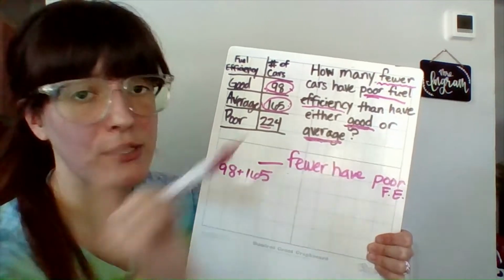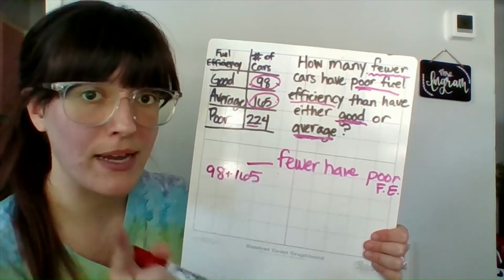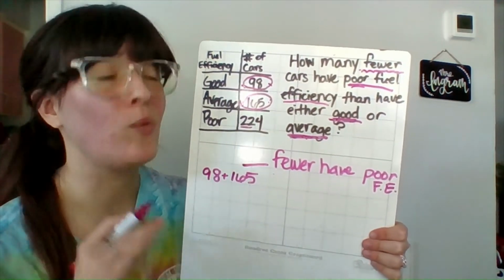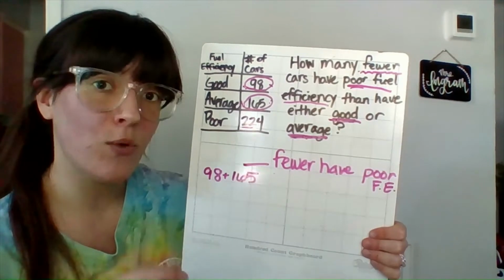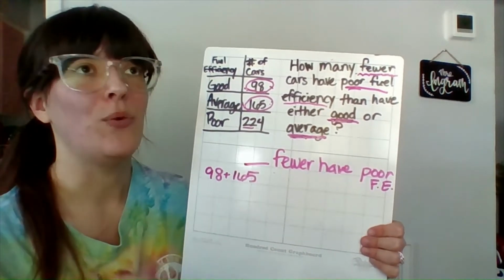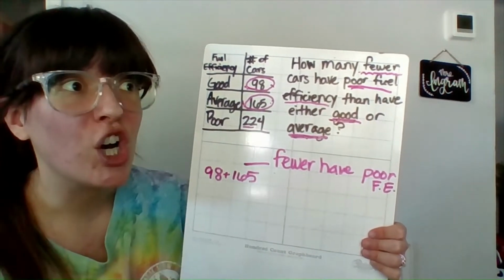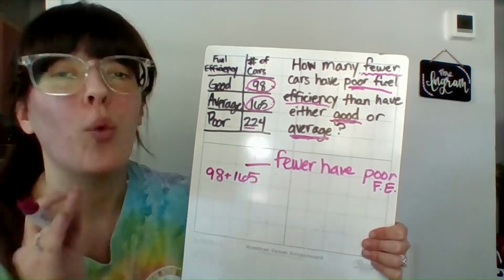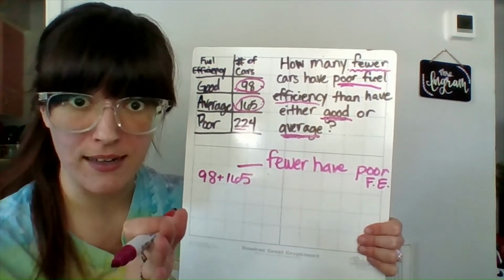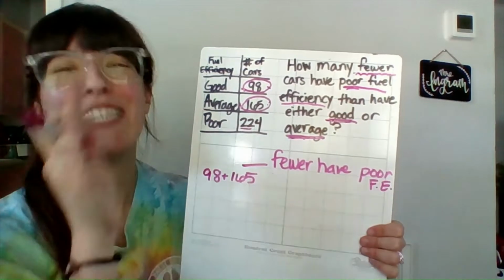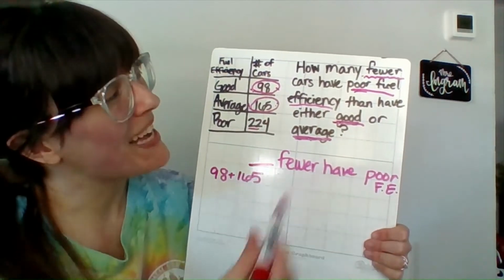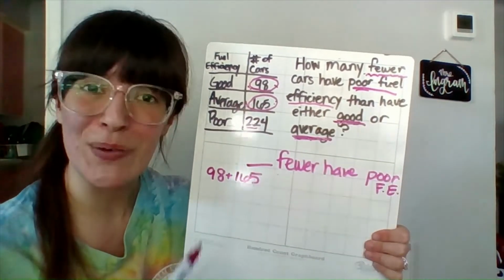Now that word fewer, I told you before, gives us a clue about the operation, because now at the end of 3rd grade, we know whenever we see a word that has an ER at the end, whether that's fewer, bigger, taller, shorter, what operation are we using? Subtraction, because we're comparing the difference between the numbers.